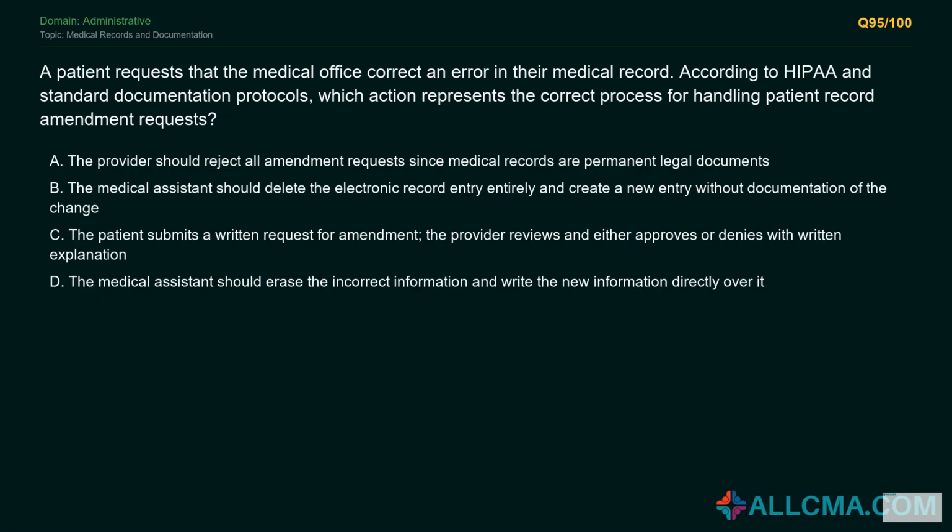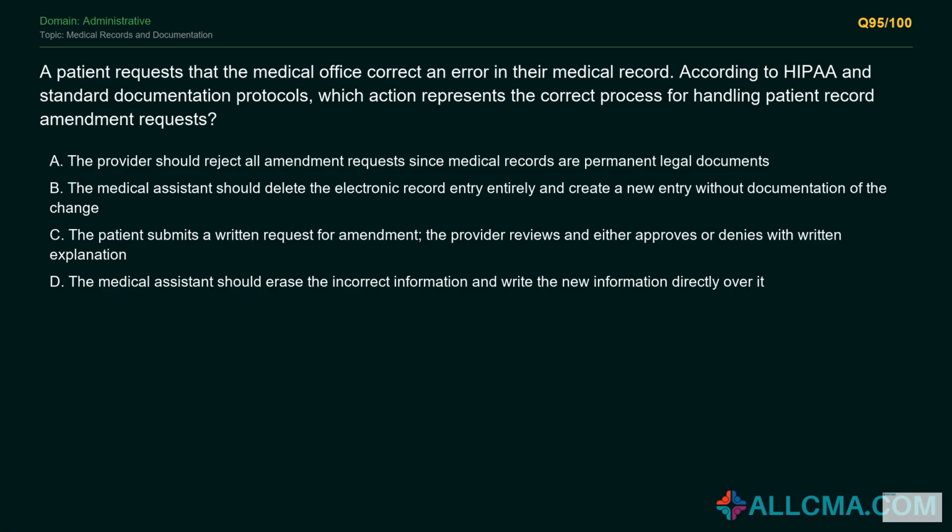Question 95. A patient requests that the medical office correct an error in their medical record. According to HIPAA and standard documentation protocols, which action represents the correct process for handling patient record amendment requests? Option A. The provider should reject all amendment requests since medical records are permanent legal documents.